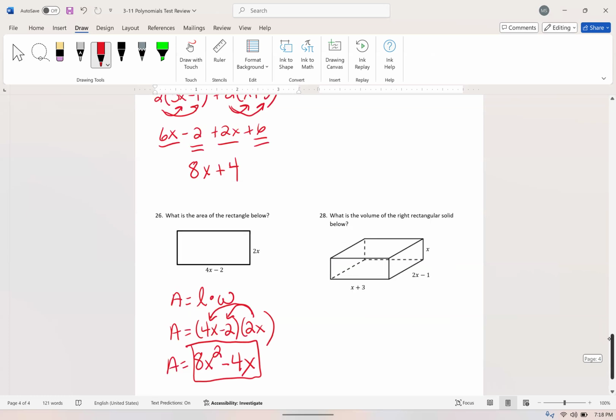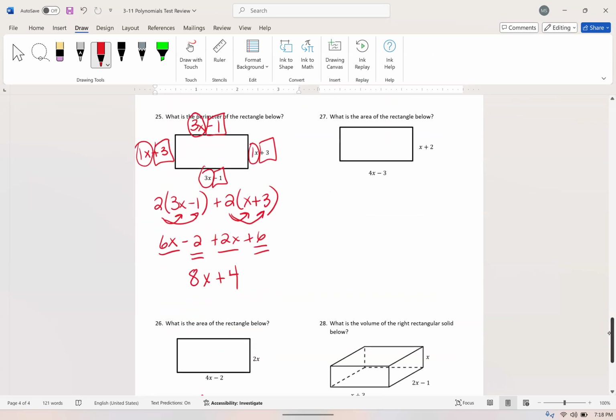Okay, we're getting down to the last two. Another area problem, but this time we have two binomials together. We'll still use length times width for an area of a rectangle. Our length is 4x minus 3. Our width is x plus 2. So in this case, we have to make a box because it's a binomial times a binomial.